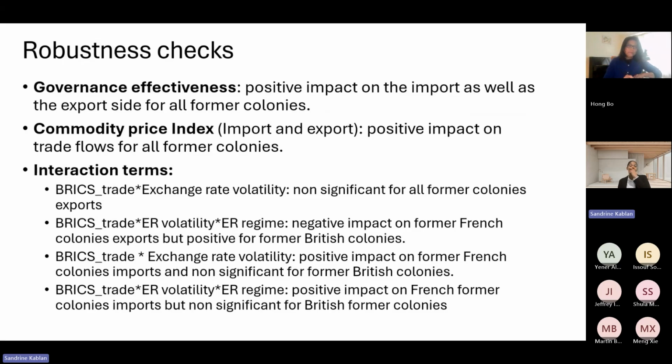We also tried to control for the commodity price index, and we saw that there was a positive impact on trade flows for all former colonies. So we had the idea to calculate the volatility of the commodity price index for the robustness checks. It will be for our next improvement of this paper.